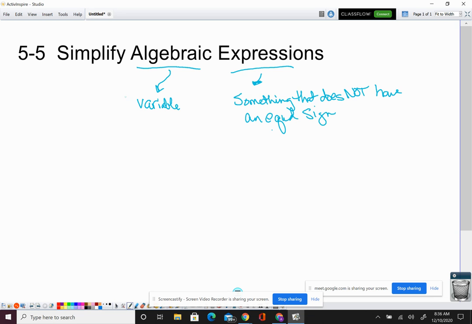So when we're talking about algebraic expressions, we're talking about something like 3x plus 5. There's an algebraic expression.